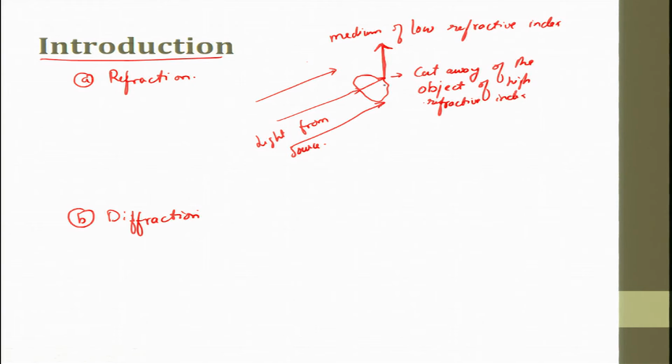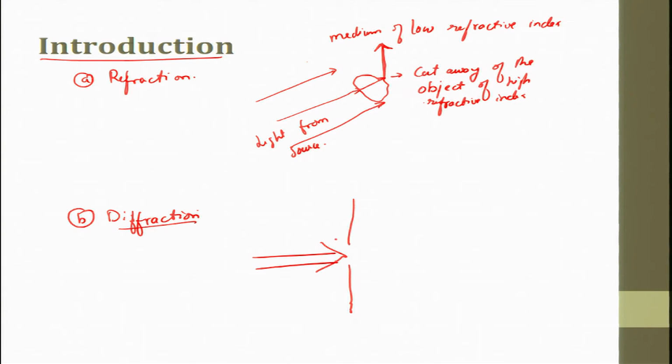So, it cuts and then it bends. Okay. So, when I talk about diffraction, you will have a source of light coming, then you have a slit.